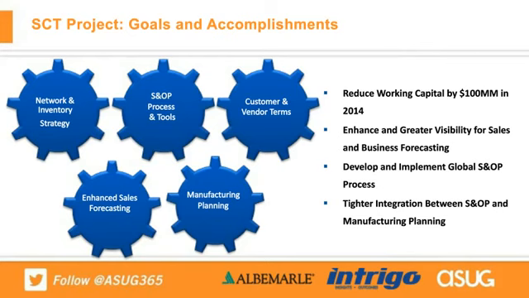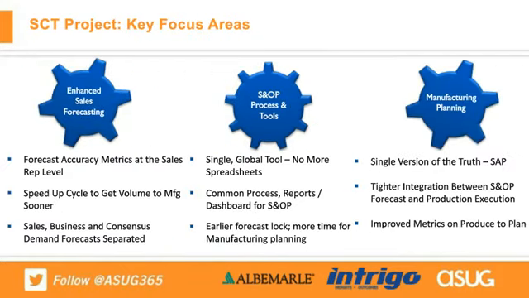So the next slide really zeroes in on what our primary focus was for the discussion today, and that was that we really didn't have a good way of looking at our forecasting. We had an S&OP process which was spreadsheet based, and each of our businesses had a different process. We also had pretty much spreadsheets in manufacturing.